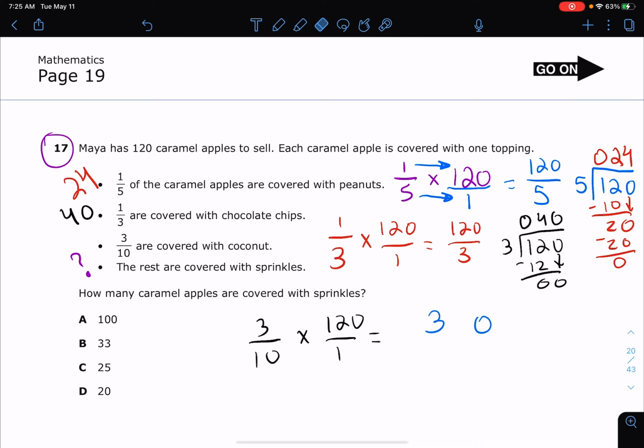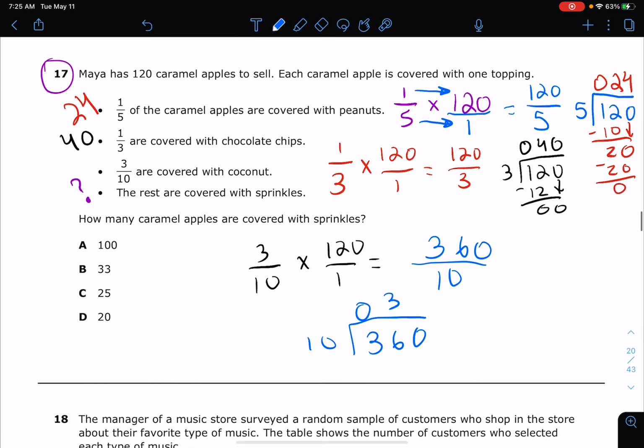And this is 10. 360 divided by 10. 0, 3 minus 30. 6 minus 60. 36.